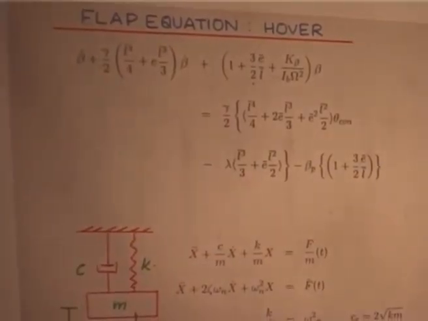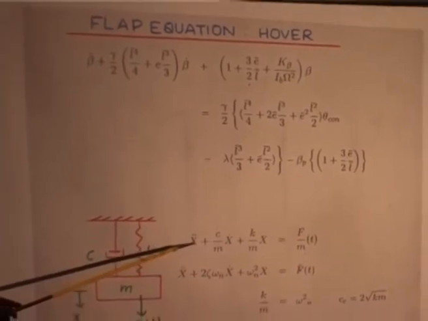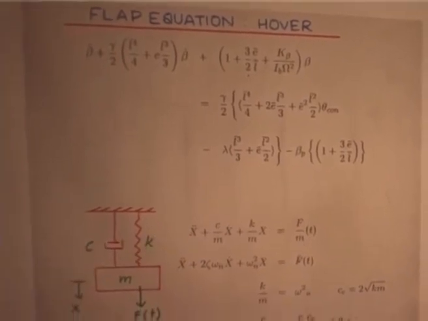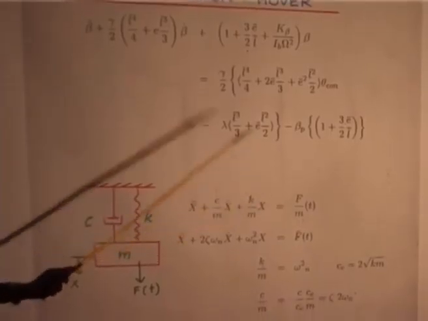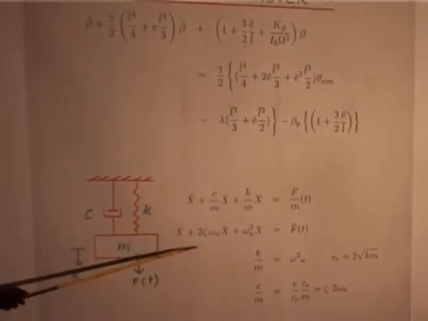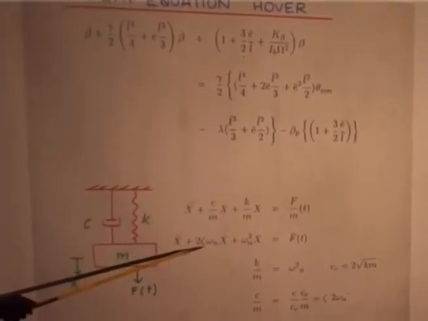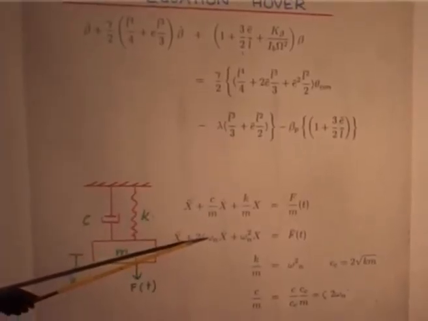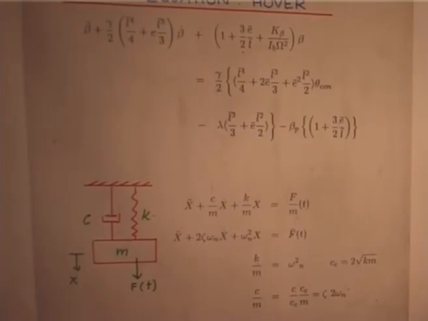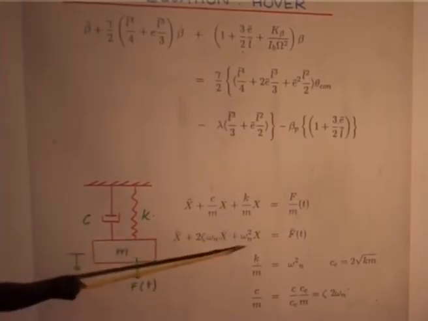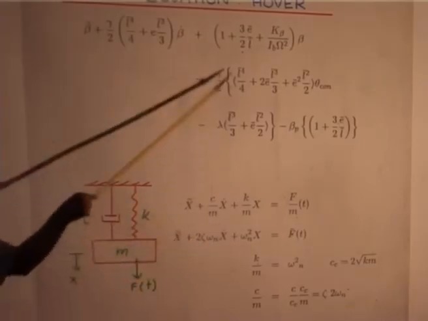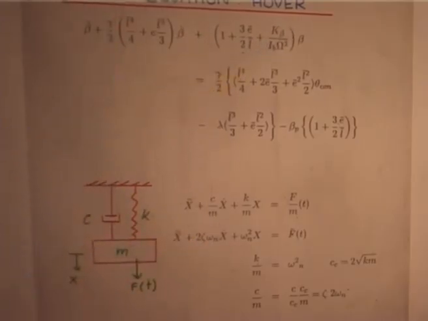For the spring mass damper system, you will have x double dot plus C over m x dot plus k over m x, and the term C over m is 2 zeta omega n. Zeta is the damping ratio, and this is omega n square, the natural frequency. That is the rotating flap natural frequency.